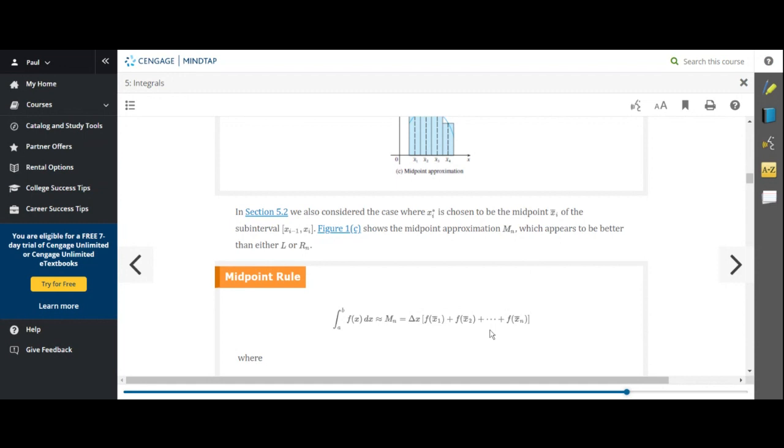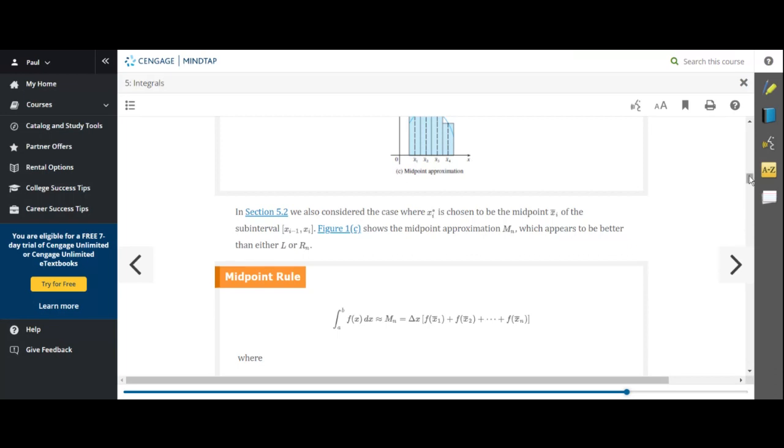If you distribute the delta x through the parentheses in this formula, you're going to have delta x times f of x1 bar plus delta x times f of x2 bar, and so forth. Well, delta x times f of x1 bar is the area of the first rectangle. Delta x times f of x2 bar is the area of the second rectangle.